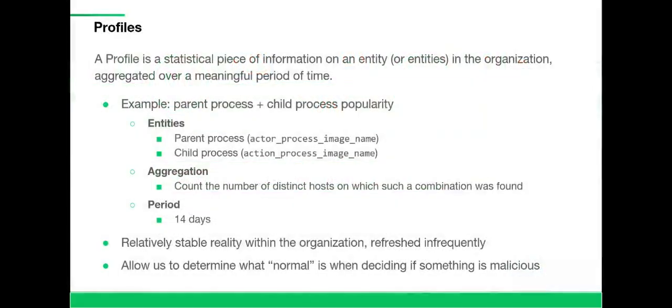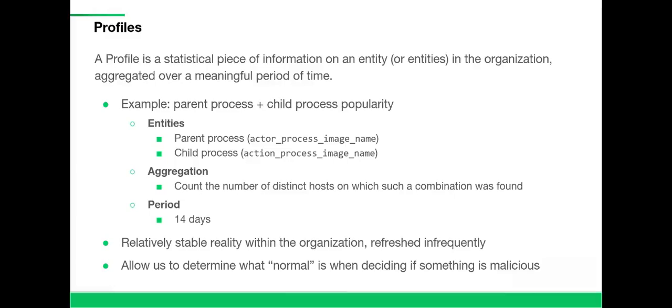So here we have an example of a profile. In this example, we have two processes, so the entities, a parent process and a child process running on a specific host. So the profile will compare, especially the grouping profile, will compare these activities with other hosts to identify the popularity.